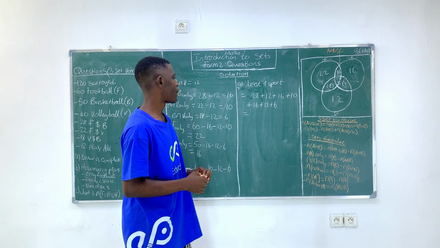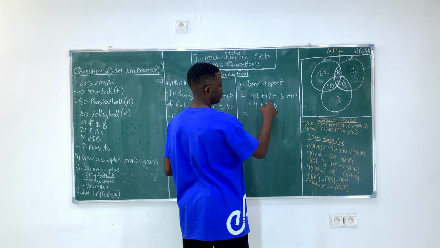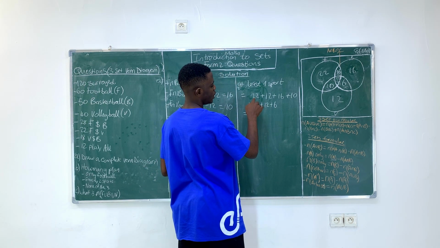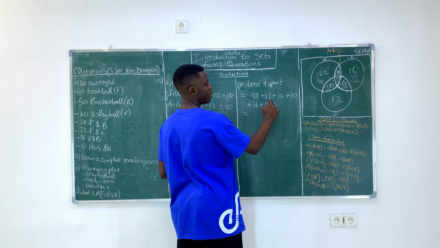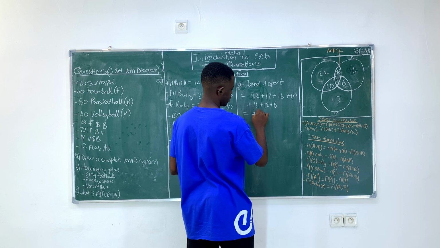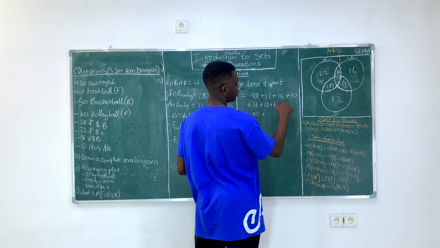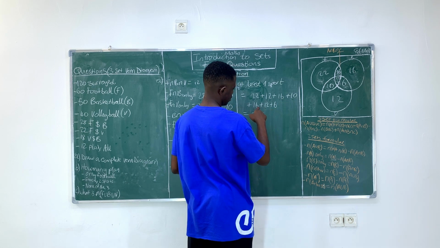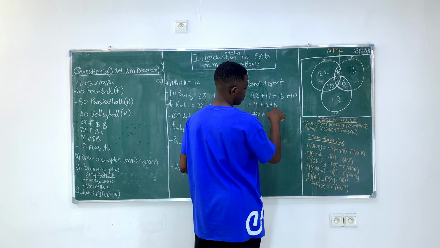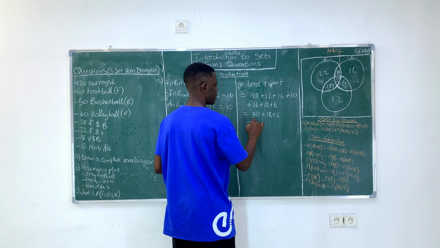So what is that going to be? 20, 30, 40, 50, 60, 70, 2, 4, 10, 16, 18, plus 6.